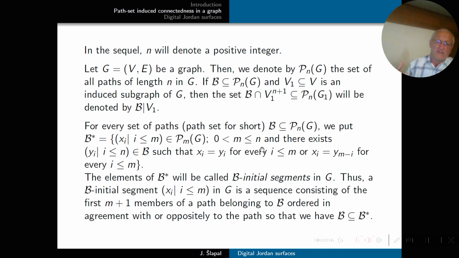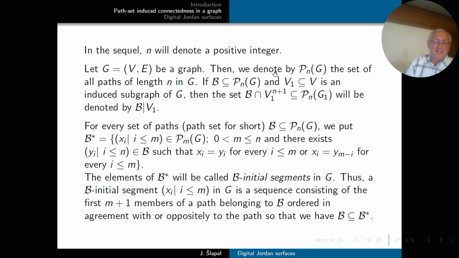Okay, so we will have a graph. As it was written, by a graph we mean an undirected simple graph without loops, and we will denote by P_n(G) the set of all paths of length n in this graph G. And now we will always work with some subset of this set of all paths of length n.